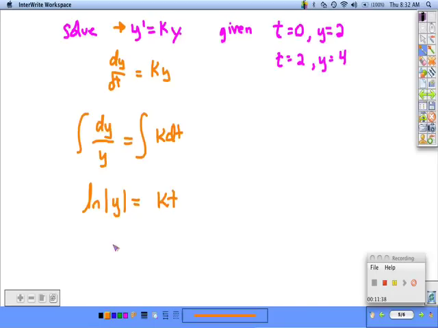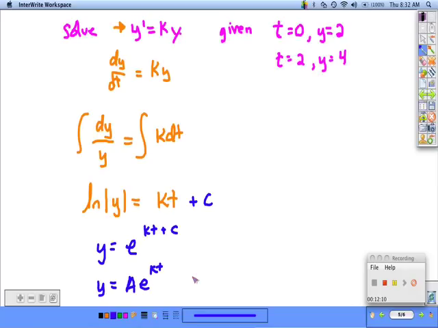We can change this into exponential form. Y equals, I forgot my plus c, e to the kt plus c. Or in general, y equals some constant, call it a, call it q, call it whatever you want, but that's what e to the c is, times e to the kt.